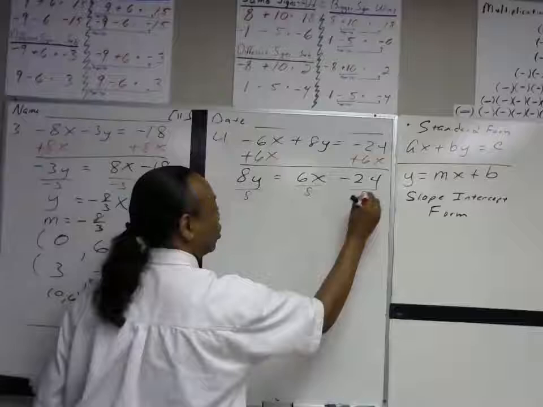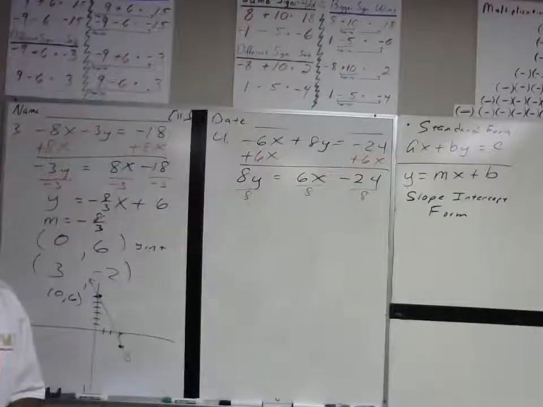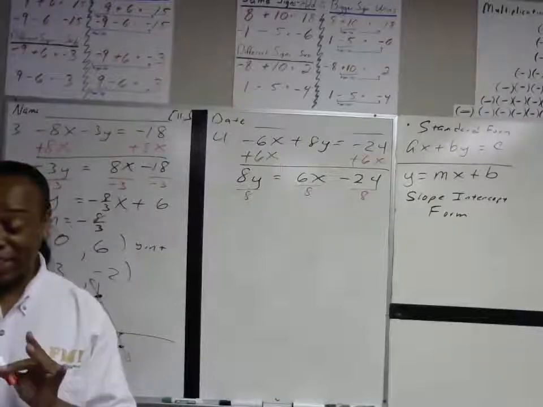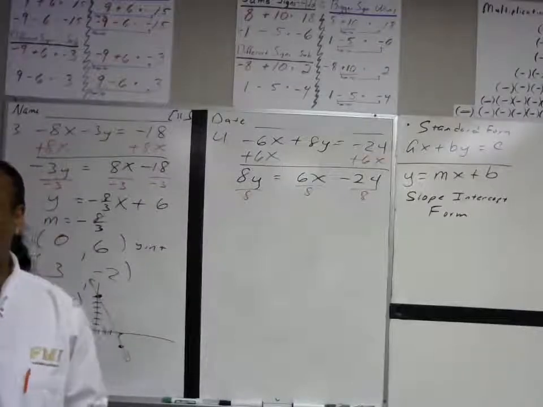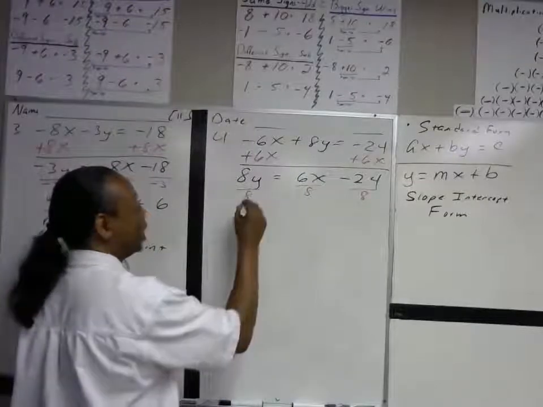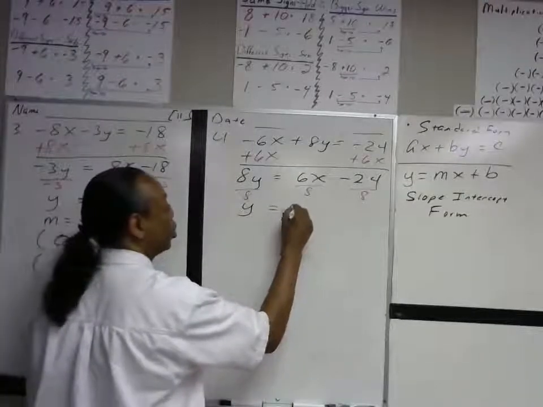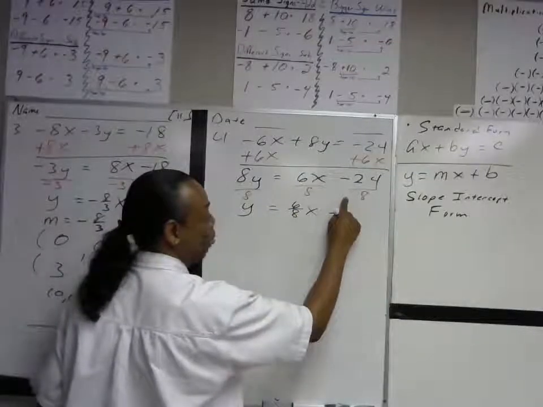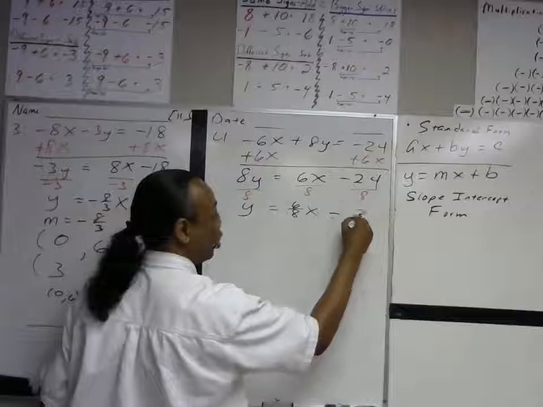The 6x over 8 can be simplified to 3 over 4. Well said. You're way ahead of me, and that's exactly what I want you guys to do. Simplify. Always simplify. Very good. So the 8's cancel. We get y equals 6 over 8x, and then this is going to be a negative. 24 divided by 8 is 3.